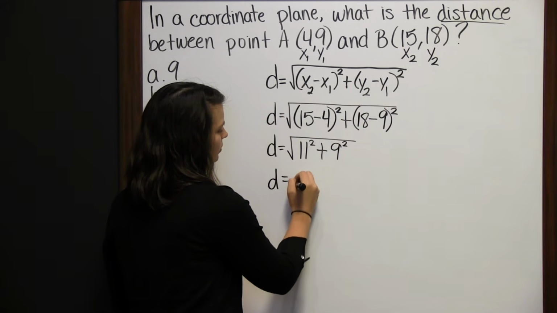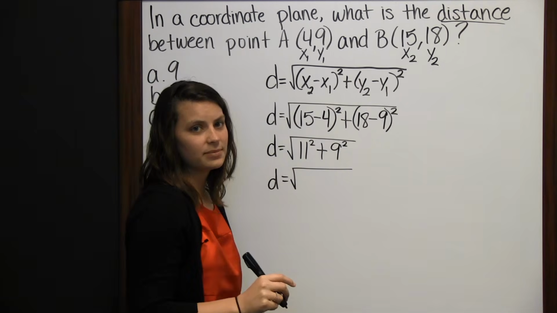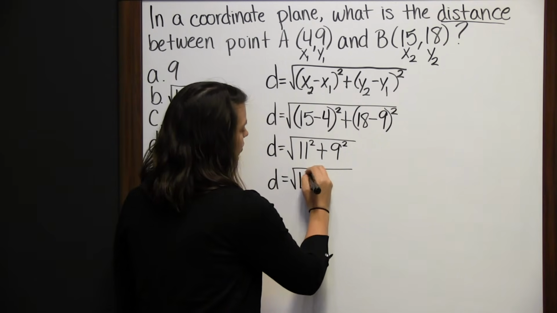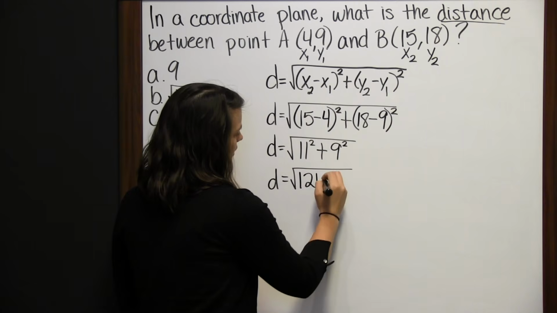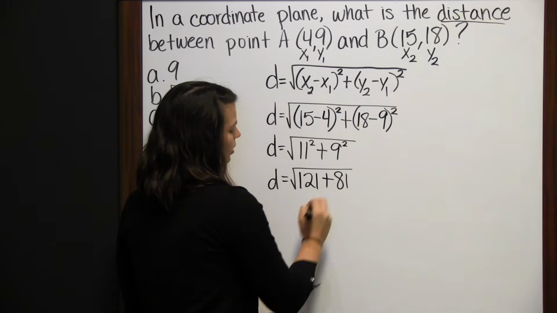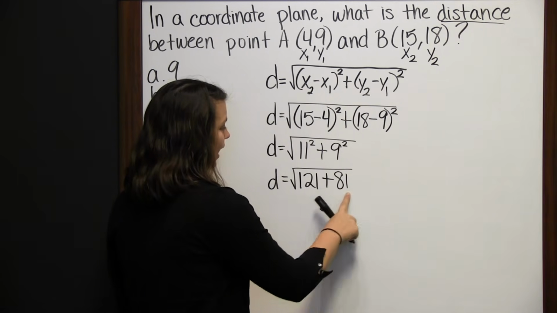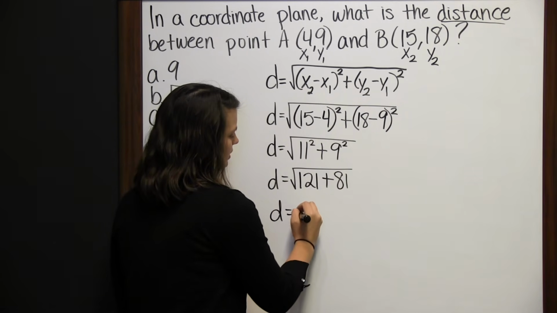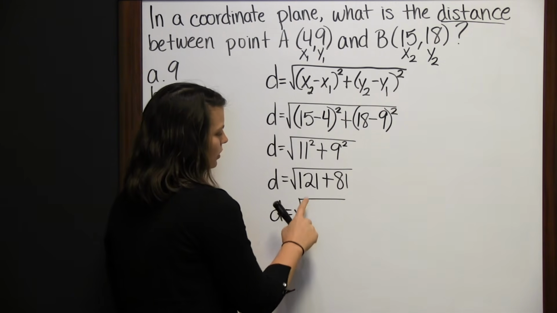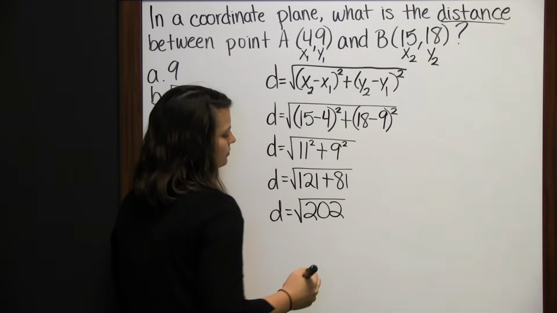So the distance equals the square root of 11 squared is 11 times 11, which is 121, plus 9 squared is 9 times 9, or 81. Then we need to add. So the distance equals the square root of 121 plus 81, which is 202.